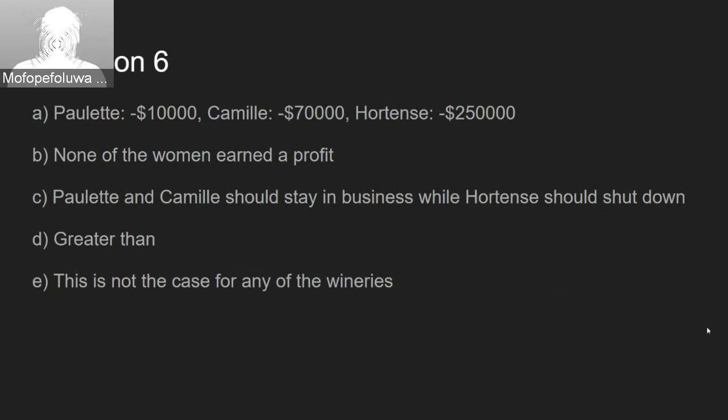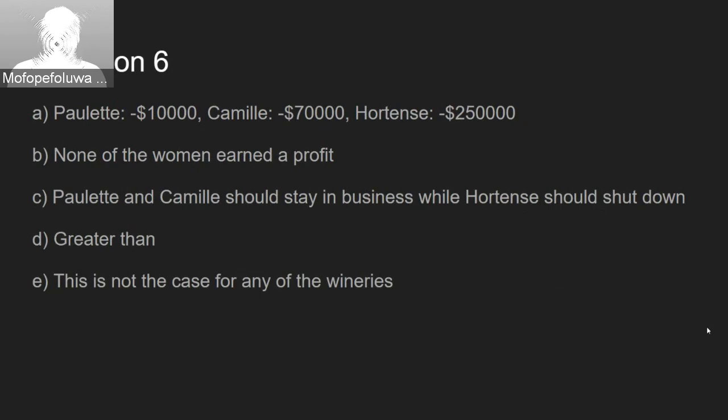And looking at the values shown in part A, you can see that none of them earned a profit and they all made losses. Then for part C, we are asked to say which of these wineries should stay in business in the short run and who should shut down. Paulette and Camille should stay in business while Hortense should shut down.